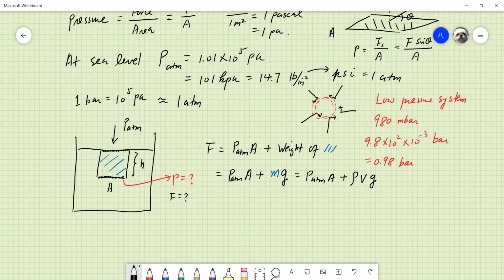Remember that you can write the mass equal to density times volume, right? Now then, what is that volume equal to? The volume should be equal to A times H, the cross-section area times the height.